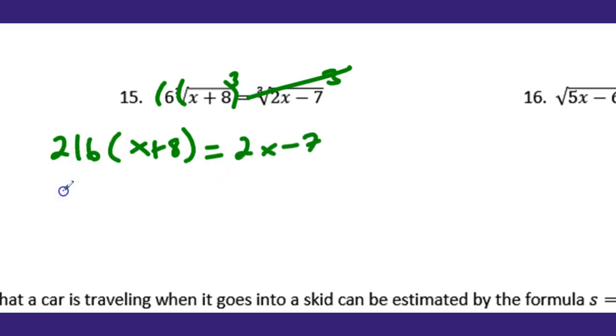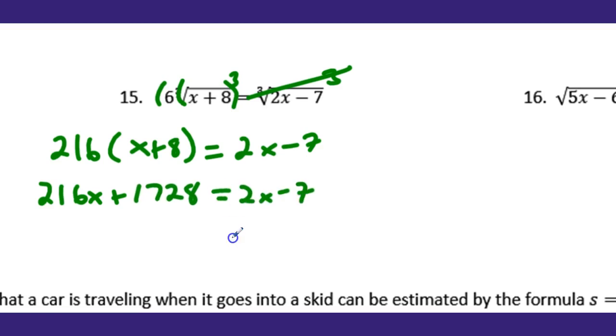So now we're going to distribute this 216. And that gives us 1,728. And then we're going to solve for x. So let's see here. Subtract 2x on both sides. So that's 214x.